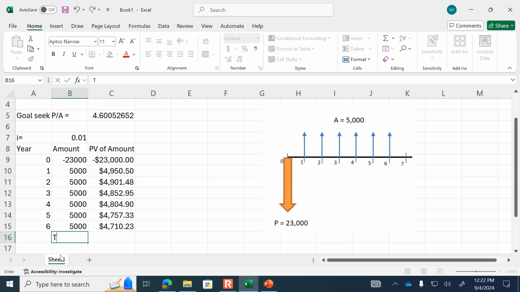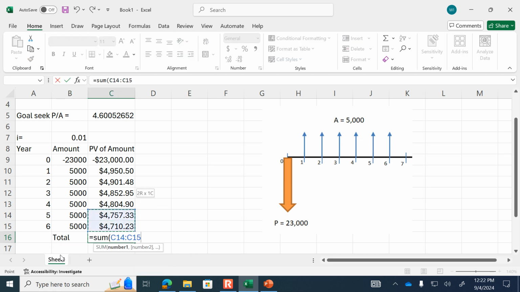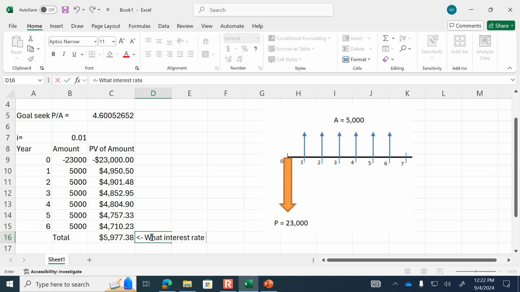And then if I find the total by adding everything up, what I want to do is find what interest rate makes the inflows and the outflows equal when they're all discounted to the present.